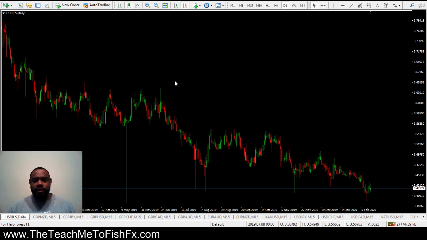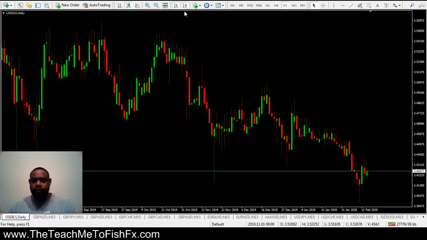And typically what you want to do is find your most recent resistance, which is going to be at the top of your chart, and the most recent support, which is going to be at the bottom. Here's the current area for price and the most recent high and low.